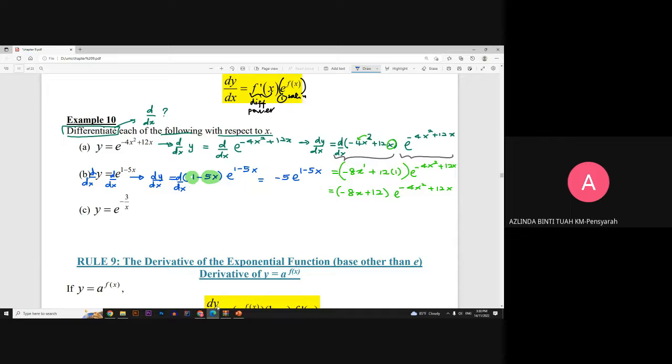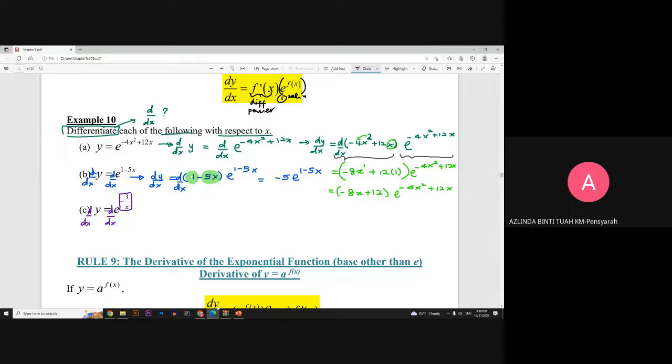Okay, example yang seterusnya, C. Differentiate y respect to x and differentiate. Okay. So, kita akan differentiate term ataupun particular part that contains x. Disebabkan oleh eksponen ni dekat bahagian power dia yang ada x.